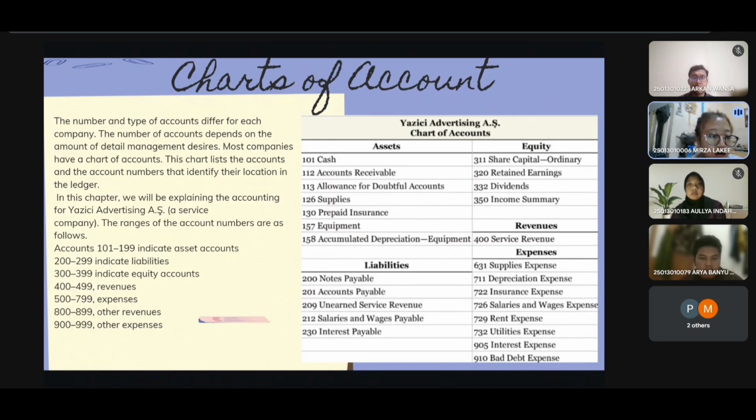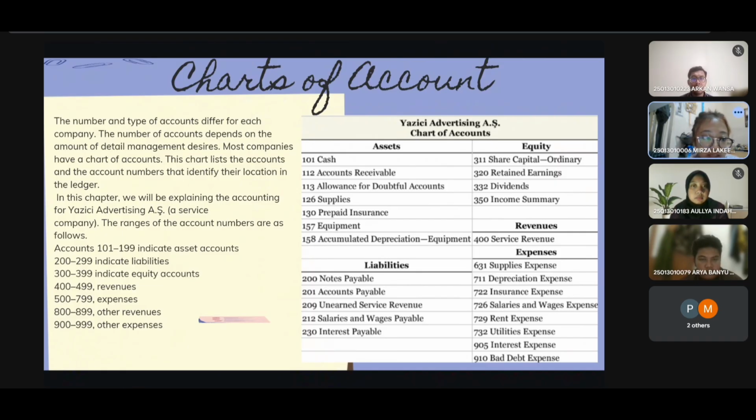So in this chapter, I use Yazizi Advertising as the example. From account 101 to 199, you can see it represents assets.